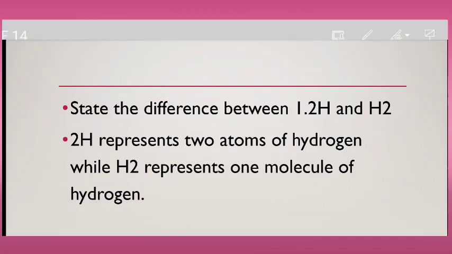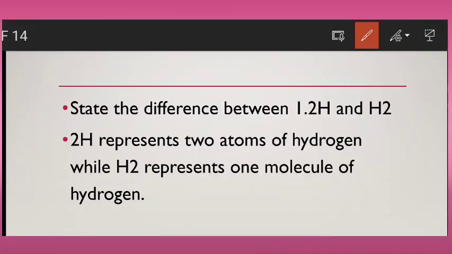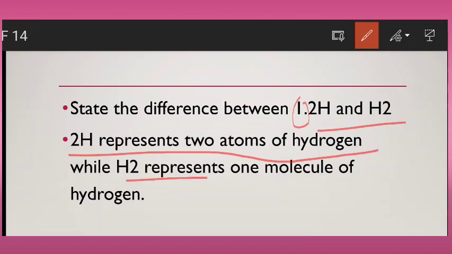Now next question is, state the difference between, first one is 2H and H2. You have to write the difference between 2H and H2. 2H means 2 atoms of hydrogen, and H2 means 1 molecule of hydrogen. So here 1 molecule of hydrogen has 2 atoms of hydrogen.